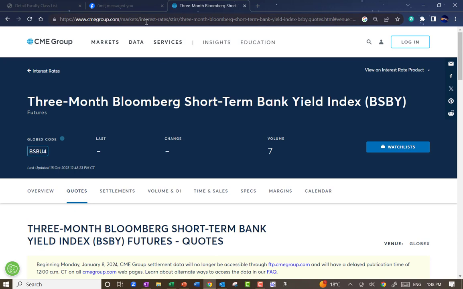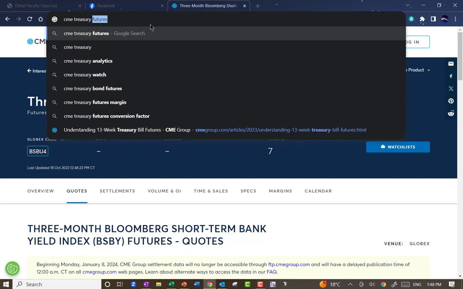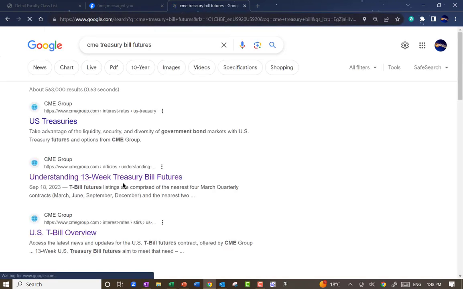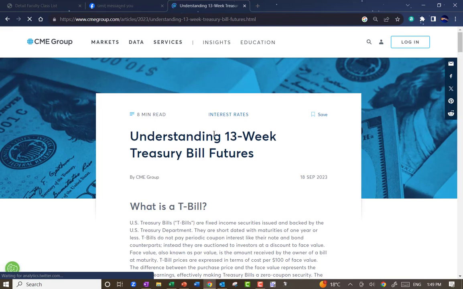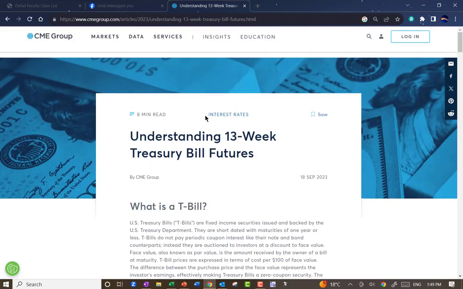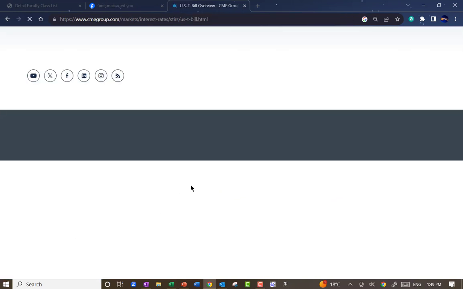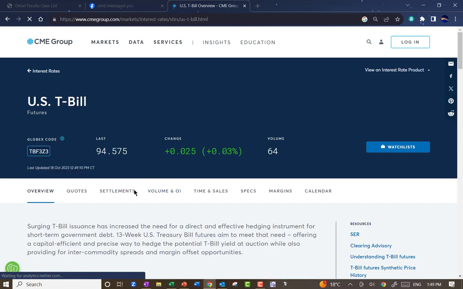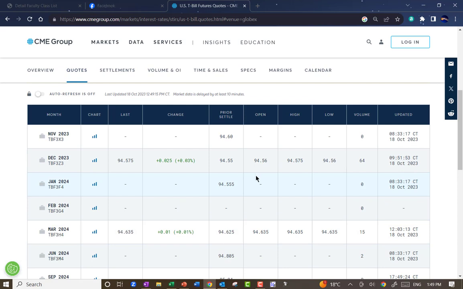In the meantime, we can look at Treasury bill futures. There isn't too much volume in these either, but at least the numbers are here.